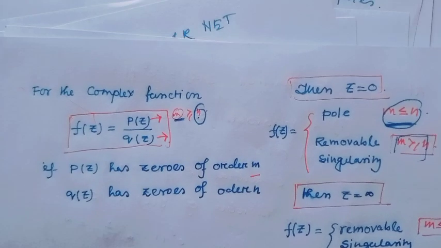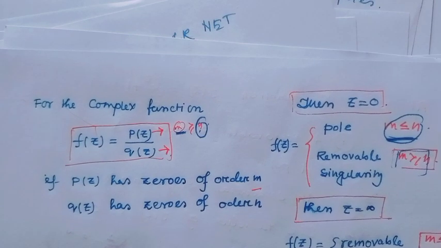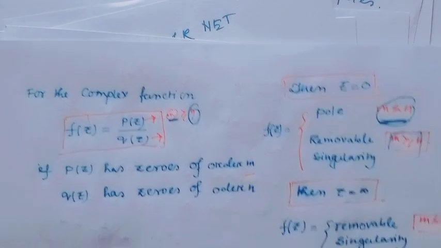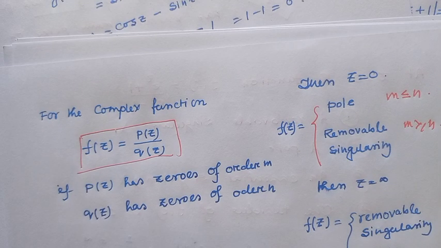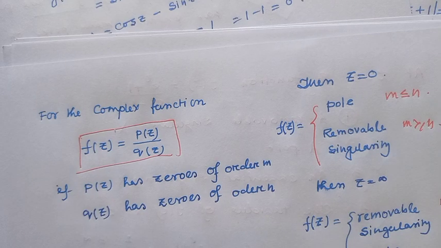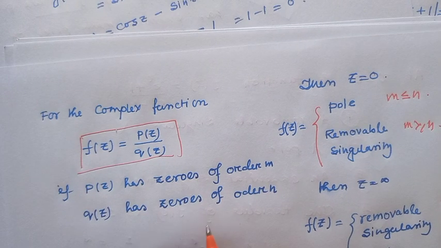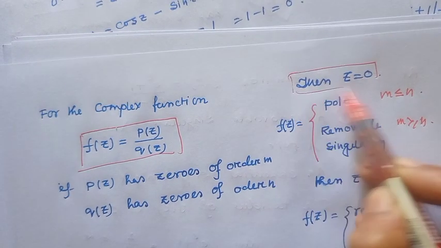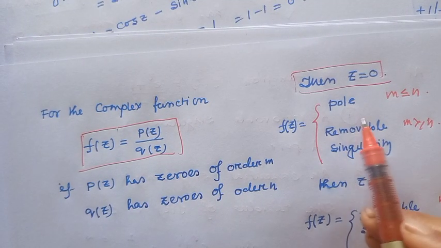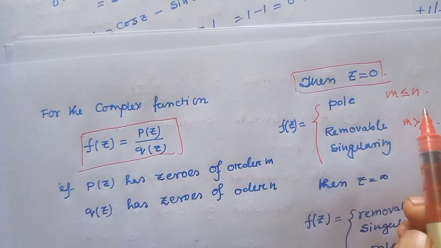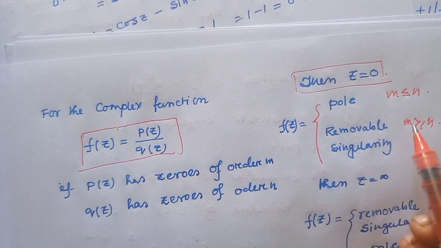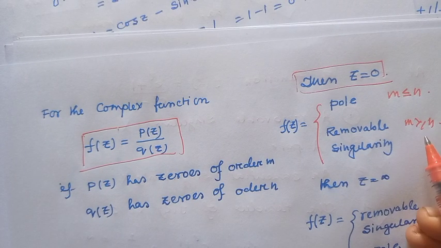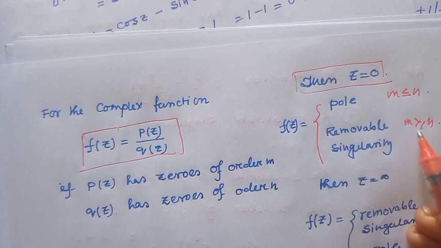One shortcut rule for a rational complex function: for f(z) equal to p(z) over q(z), if p(z) has a zero of order m and q(z) has a zero of order n at z equal to 0, then f(z) has a pole when m is less than n, and a removable singularity when m is greater than or equal to n.